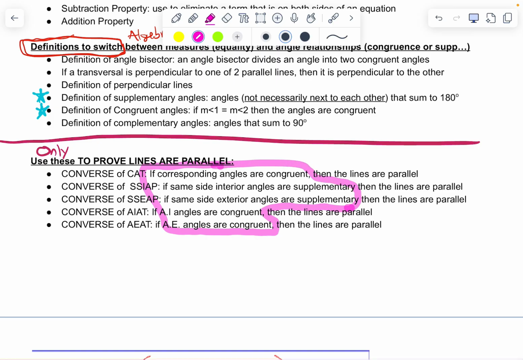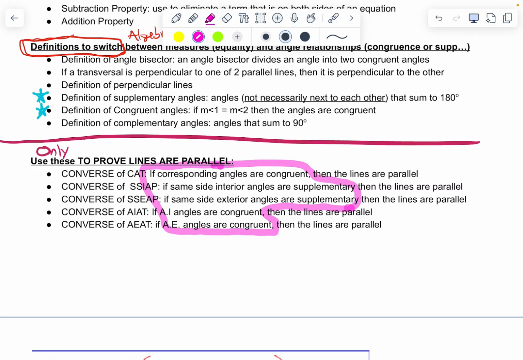So if corresponding angles are congruent, we have to show that's true a different way, what I call the backdoor way. If same side interior angles are supplementary, etc. We have to show that one of these is true, then the lines are parallel. Every one of those ends with that phrase. But we can't use parallel lines to show it. That's not okay. That's like using evidence to prove itself, which doesn't work.